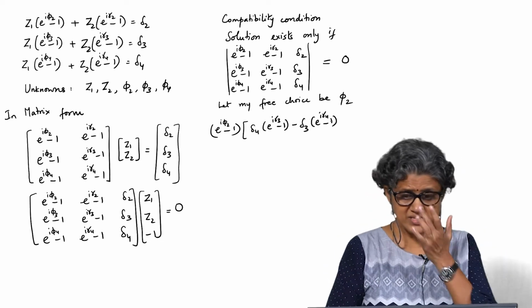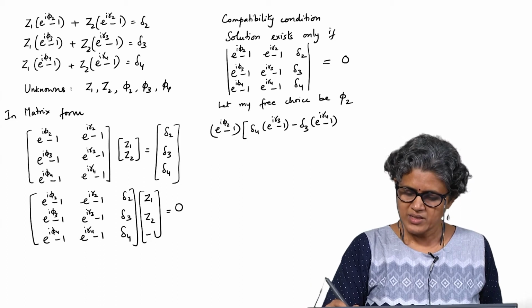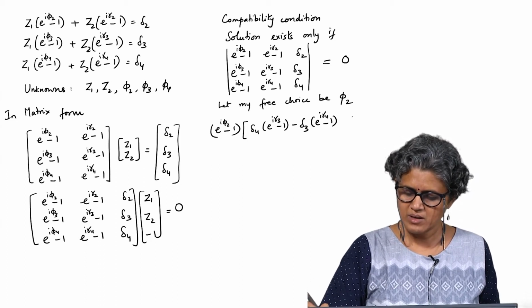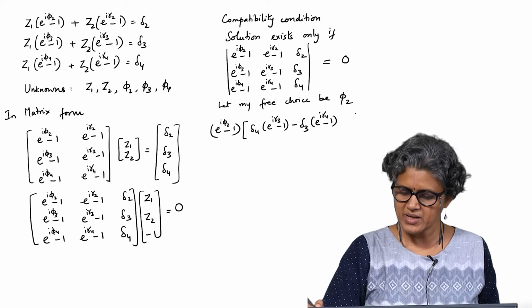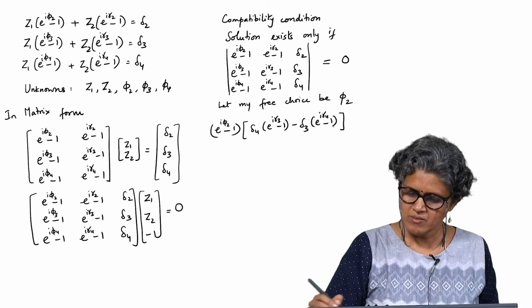Remember delta, all these are complex numbers, the deltas, and so are the e to the power i gamma 2, gamma 3 etc. Okay.